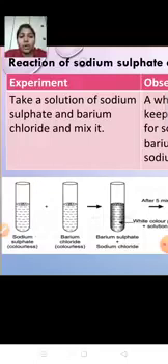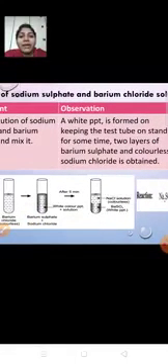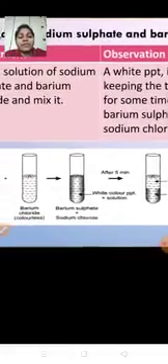So we will take sodium sulfate in one test tube and we will take barium chloride and we will mix barium chloride with sodium sulfate. Both are colorless. So as we do this mixing, what happens? A white color precipitate is formed. You will get two layers. One is the colorless layer and one is white color precipitate.